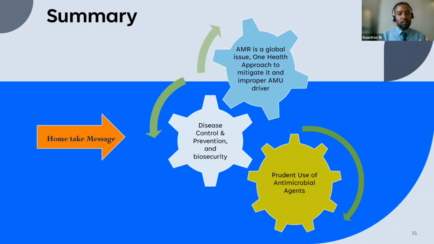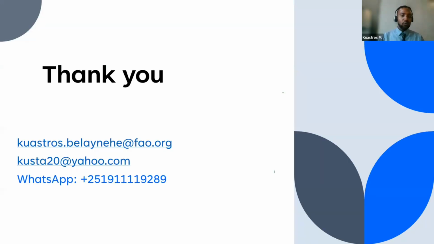Disease or infection prevention and control, particularly implementing biosecurity measures, is another important tool to prevent antimicrobial resistance at farm level. And if infection prevention fails, and we are in a must position to use antimicrobials, we need to use them rationally or in a prudent manner so that we can save the currently available antimicrobial agents.